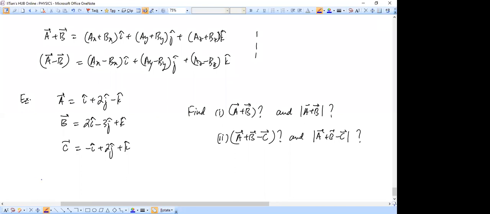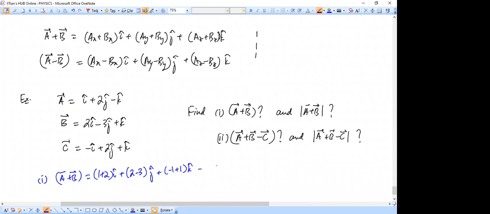So in this example, the first thing, when we calculate A plus B, we have to just use this formula. So 1 plus 2 becomes the x component. Then 2 minus 3 becomes the y component. And minus 1 plus 1 becomes the z component.